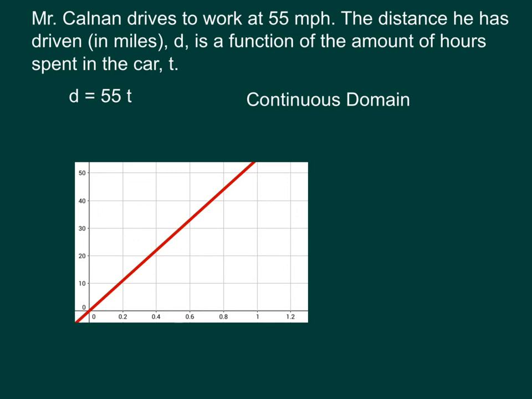Now, for the domain here, realistically, we probably wouldn't even want to include this going off to the bottom left here, because that would mean a negative distance and a negative time, which doesn't really make any sense. So we can kind of ignore that for now and just say that it would go from 0 to the right and then up. But that's what a continuous domain looks like as opposed to a discrete domain. All right, I hope this is clear.